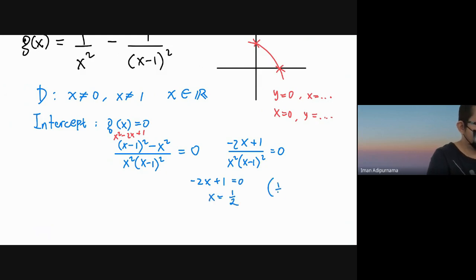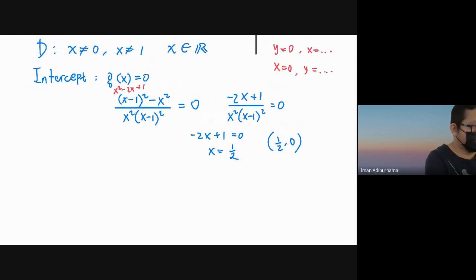So at (1/2, 0), there will be an intercept. So it will cross the x-axis. Okay, that is the intercept.